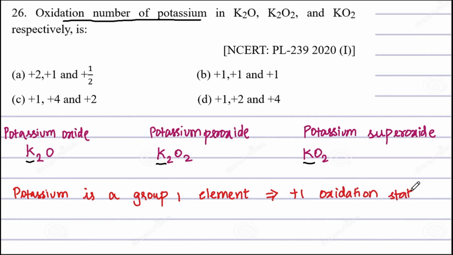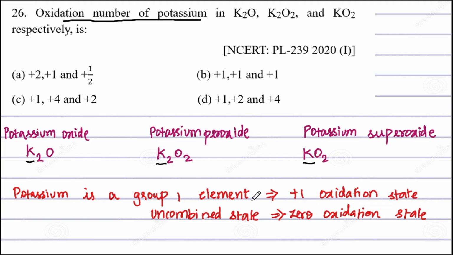Always, all the group 1 elements exhibit either +1 oxidation state or, in their elemental, uncombined state, 0 oxidation state. Otherwise, in compounds, all the group 1 elements exhibit +1 oxidation state only. So in all the 3 compounds, the oxidation state of potassium is +1 only.